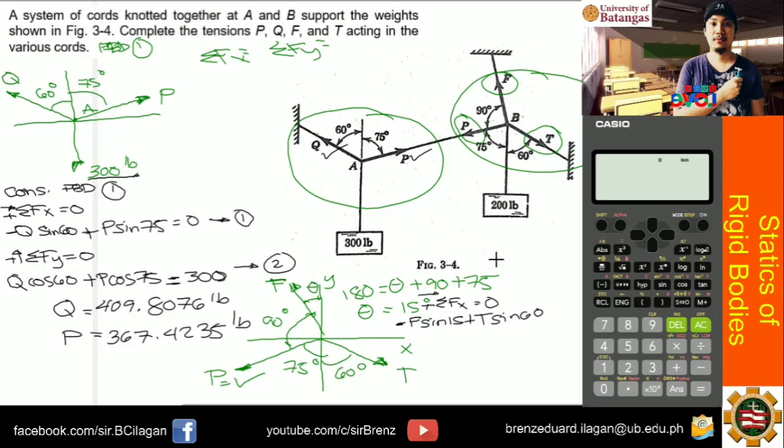So meron pa bang to the left? Or meron pa bang X force? Okay, so yung P mo, pasaan yung direction niya? So minus, since papunta rin sa kaliwa, di ba? Or minus P, which is 367.4235 sin 75.